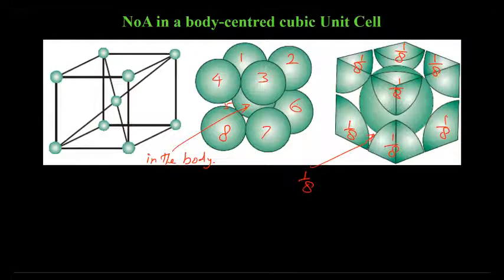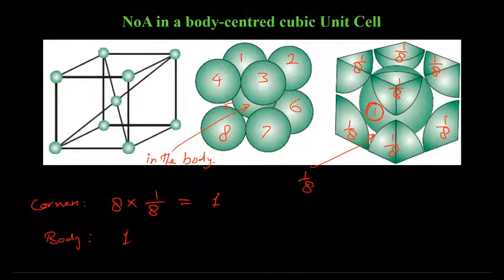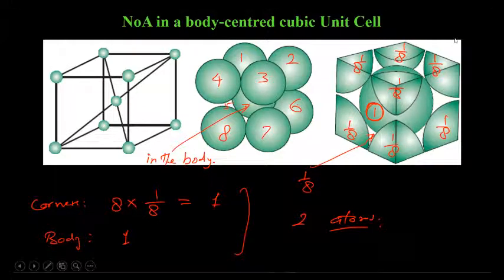But this one will have a total contribution of 1, which is inside the body. So total contribution will be 1 by 8 from 8 corners, that is 1. So corners will have contribution 1, but inside the body there is just 1 atom. So total contribution will be 2 atoms in body-centered. That's what we talked about in the previous class as well.